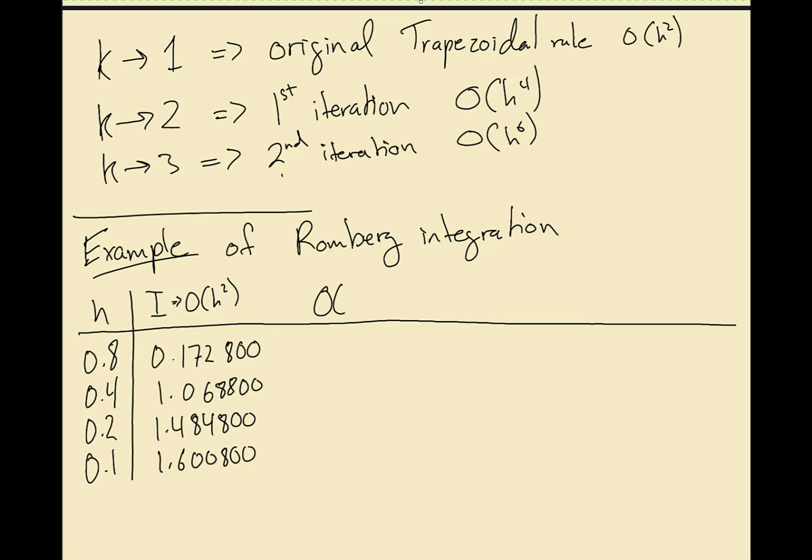So now we can go to the first iteration, right? Where the order of the error is h to the 4. The first iteration requires 2 points, so we're going to use the more accurate and the less accurate, and combine them using the equation. Which equation? K equals 2: 4 over 3 IM minus 1 over 3 IL. So these are the I j k equations.